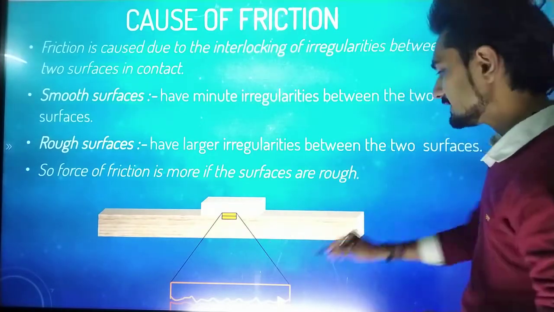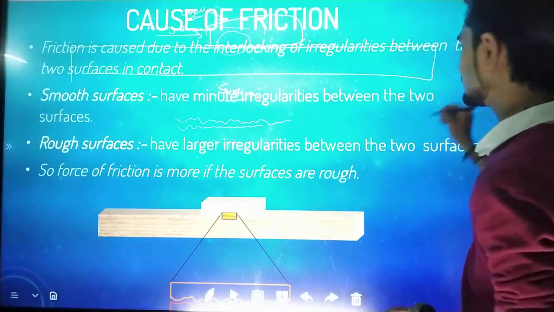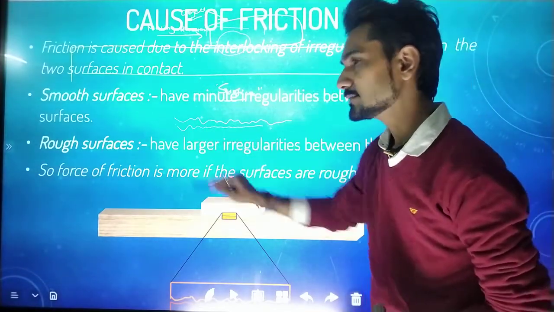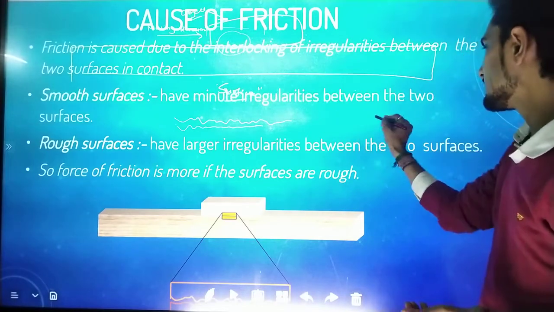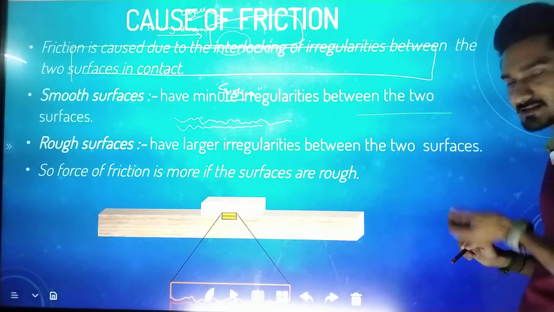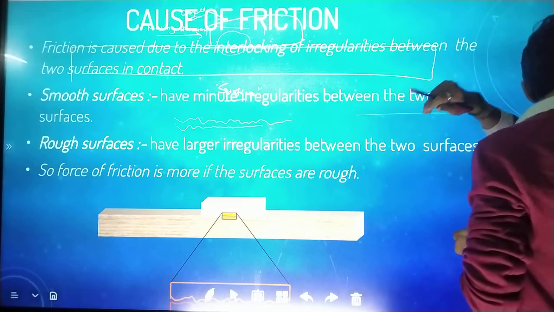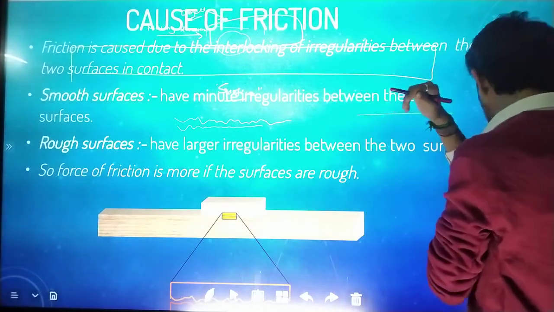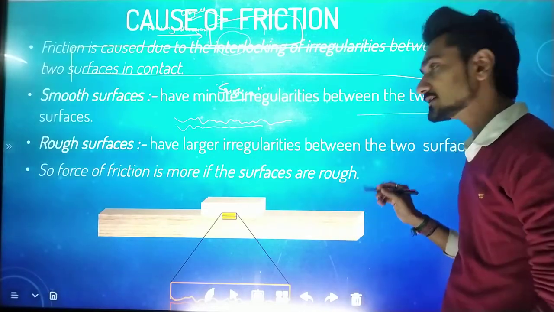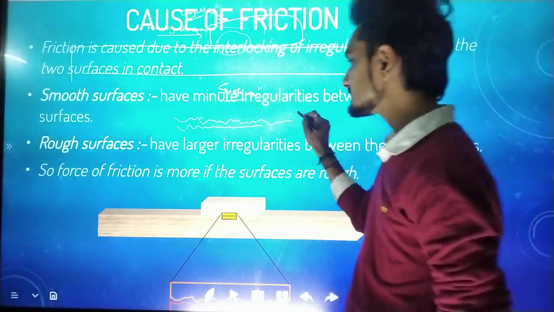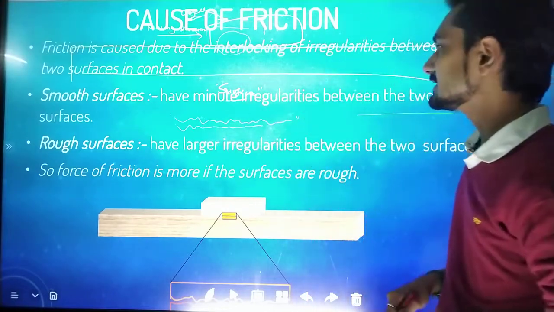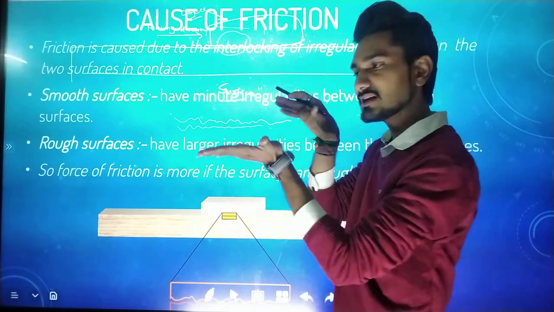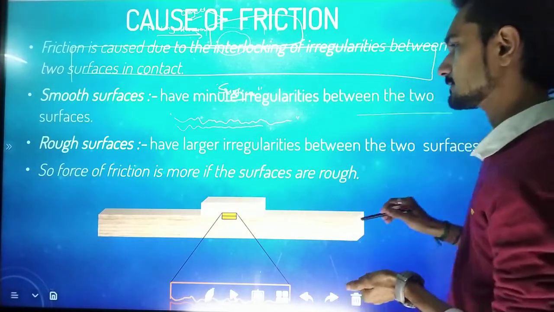These are the irregularities we have seen here, because it is not a regular surface. If it were a regular surface, it would look like this, but it is not. So this is a smooth surface and this is a rough surface. Due to these irregularities of the surface, they interlock with each other.